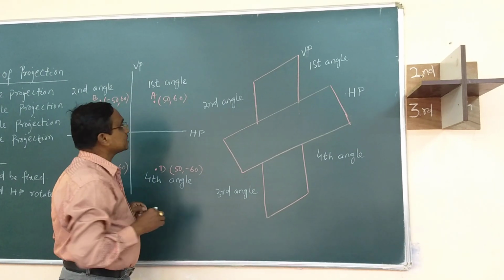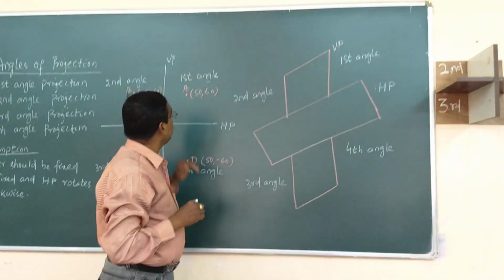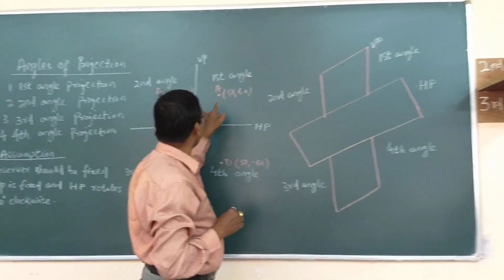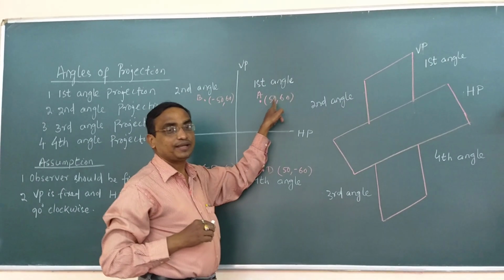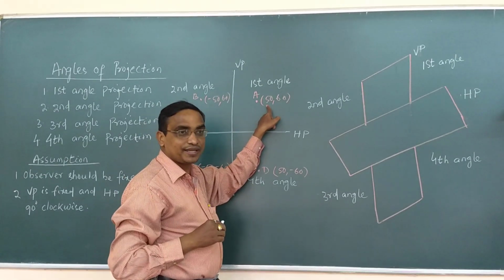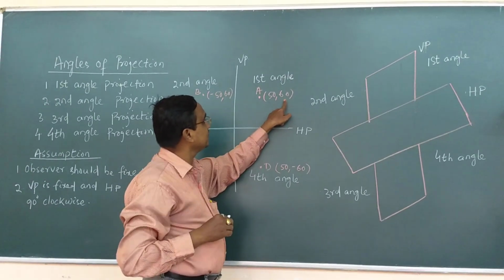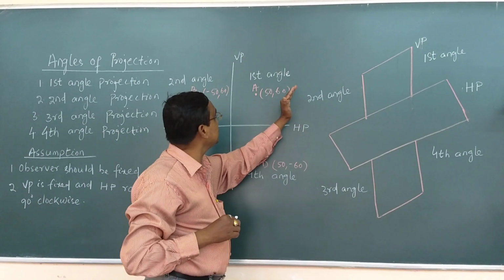Now we discuss about the first angle projection. Just to mark the point A, whose coordinate is 50 and 60, means x value is 50, y value is 60. X value means distance from y axis, means 50.